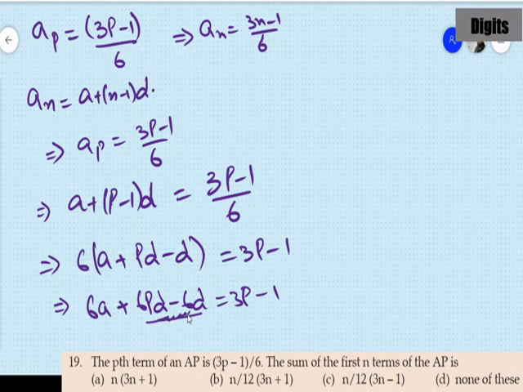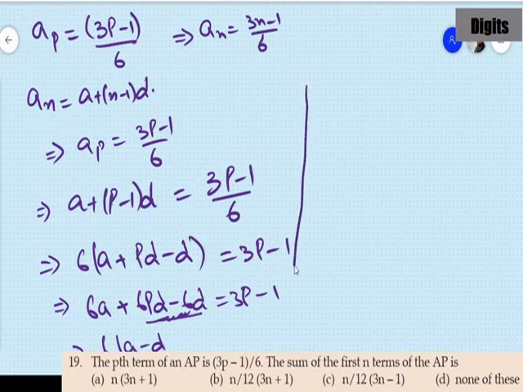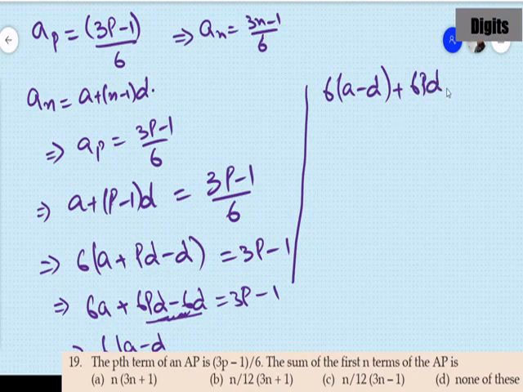I will write like that: 6 times a minus d plus 6p times d is equal to 3p minus 1.